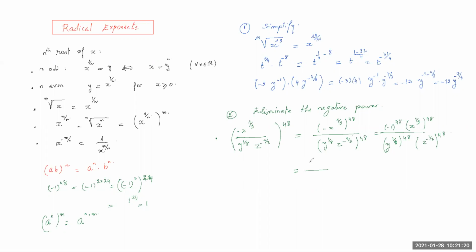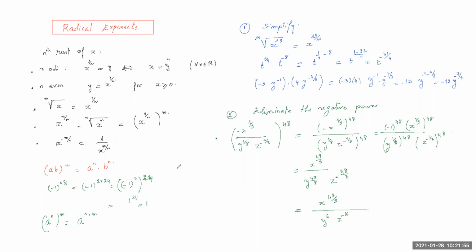So we have x^(48/9), y^(48/8) and z^(-48/3), which gives x^(48/9), leave it, y^6, a positive power, and z^(-16).